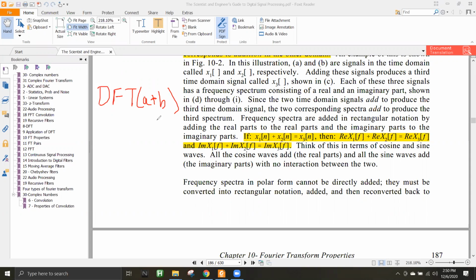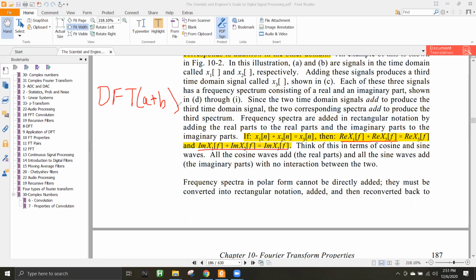In that case, what would happen? How would we show the additivity property in this case? We could show it like this. The additivity property means that adding the real parts would be equivalent to taking the DFT and getting only the real part of the result, and separately the imaginary part would follow the same procedure.